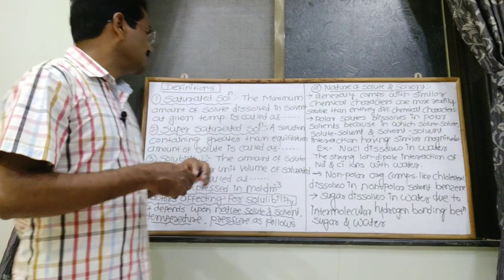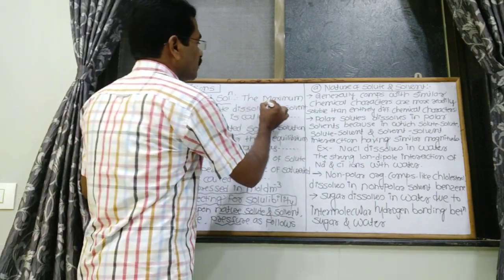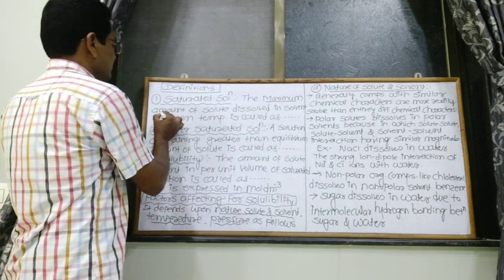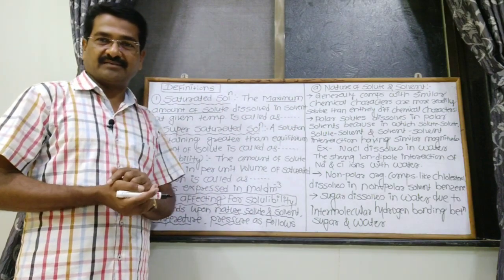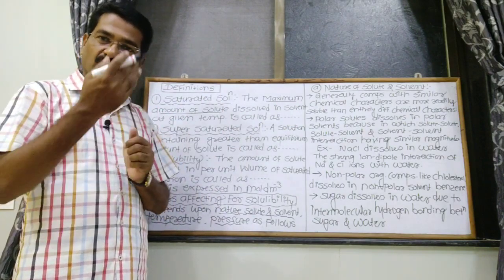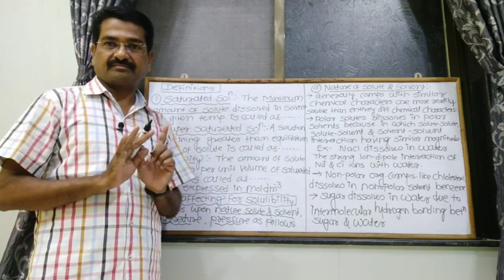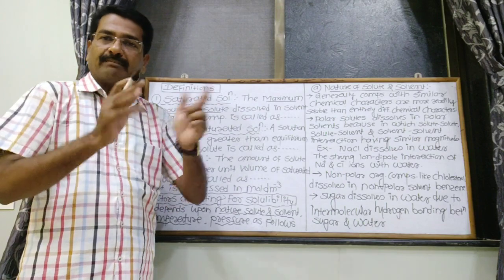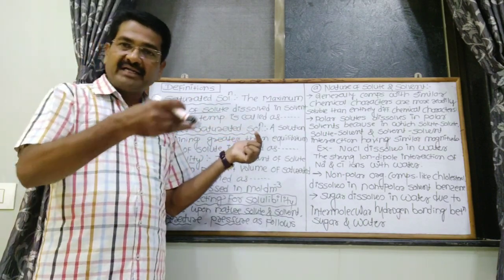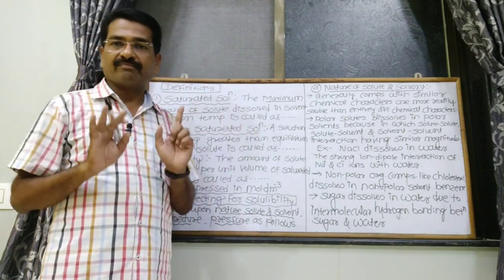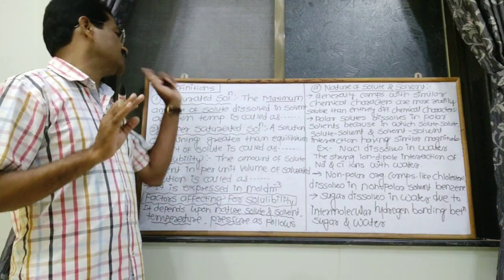So the actual definition is: the maximum amount of solute dissolved in solvent at a given temperature. That is normal temperature, that may be room temperature. At that given temperature, how many particles of solute can be dissolved in that solvent, that is the maximum. Then it is called a saturated solution.